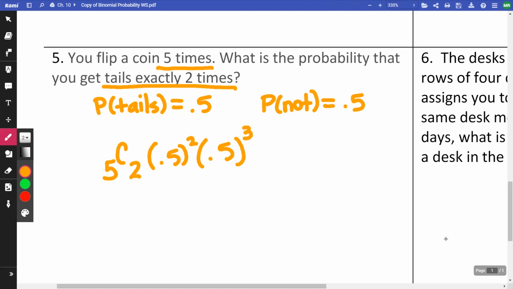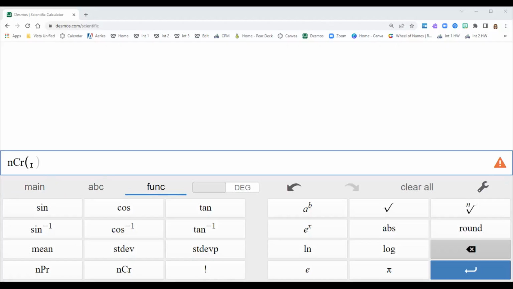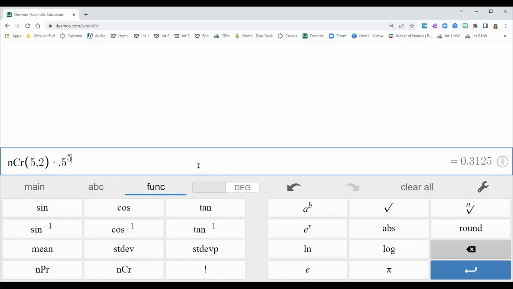Now, in this situation, both of these are 0.5, so I can really go 5 choose 2 times 0.5 to the 5th to get our answer. So let me put that into the calculator. I am going to do 5 choose 2 times 0.5 raised to the power 5.